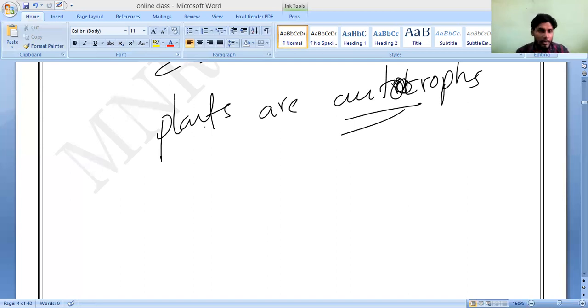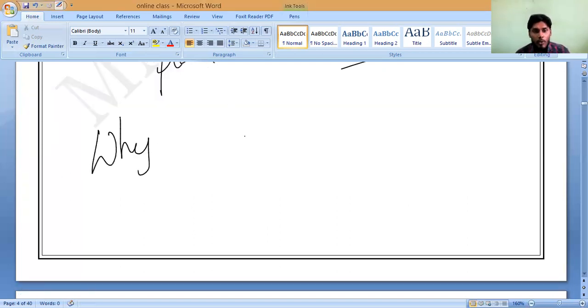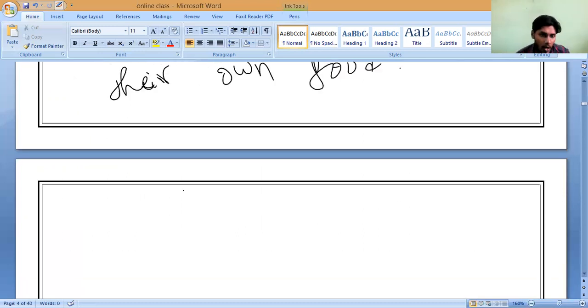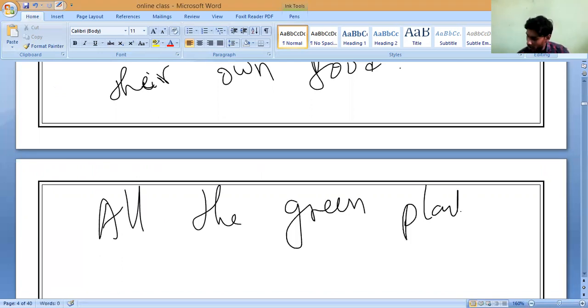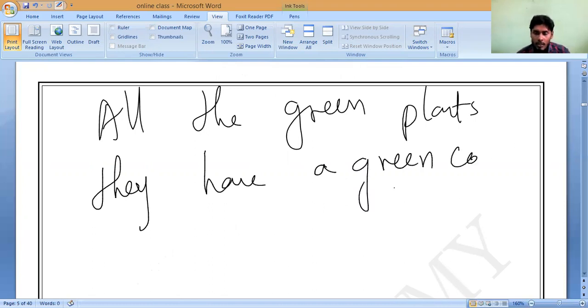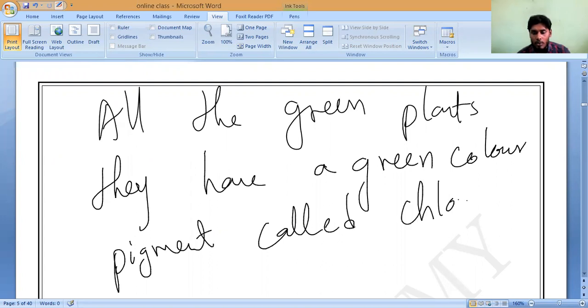All the green plants can produce their own food because they have a green pigment in their leaves, called chlorophyll.